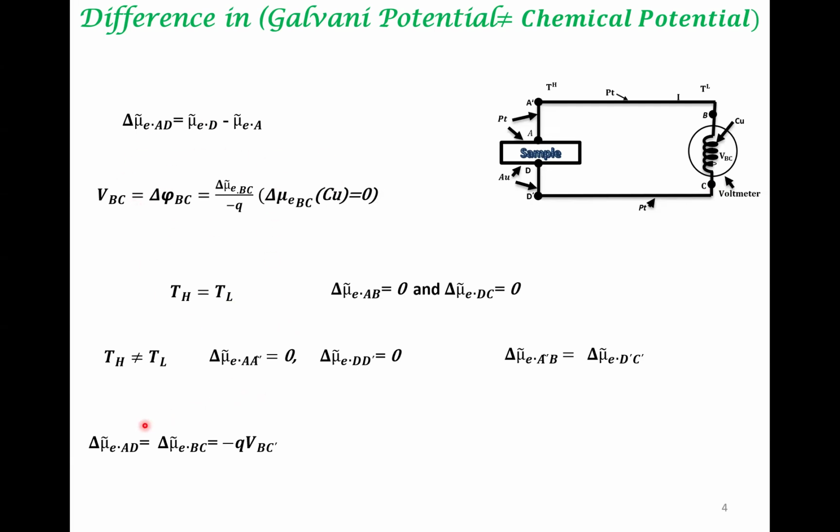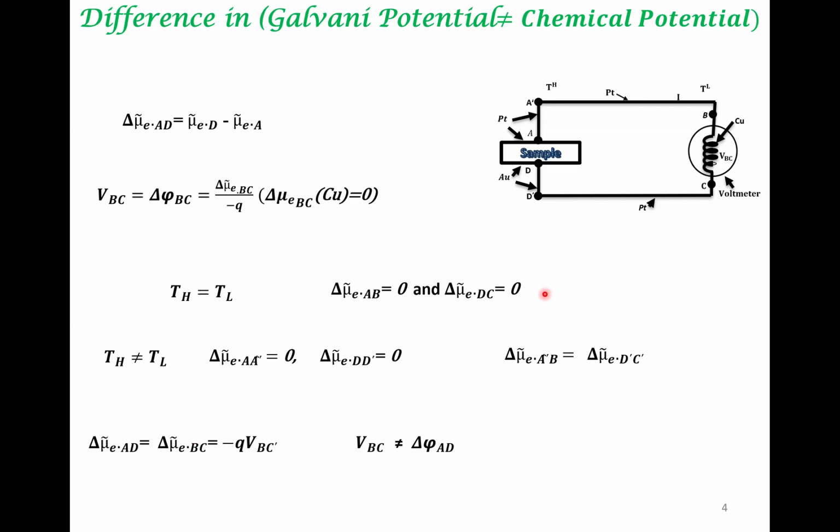When you do that, what you see is that the difference in electrochemical potential between A and D is charge times difference in potential between these 2 points. So this is a general definition, and it's an important point to note.